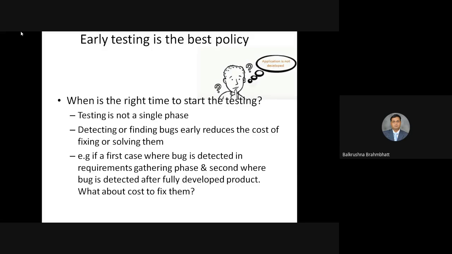So ultimately it requires more time and more cost in terms of resources, persons, testers, designers, everything. All the persons have to perform a task like SRS or designing again and again, right? So it affects the cost of the project, the quality of the project, and the schedule of the project. So it says that early testing is the best policy, right?